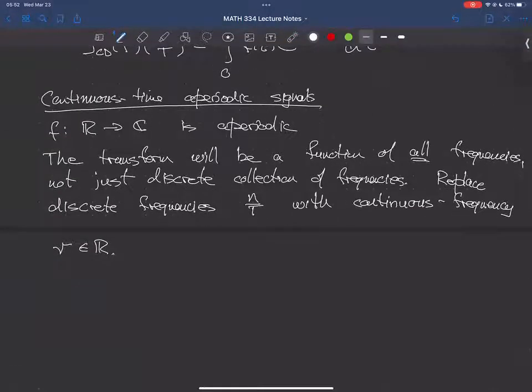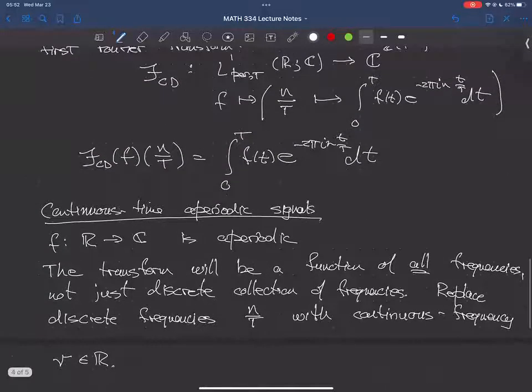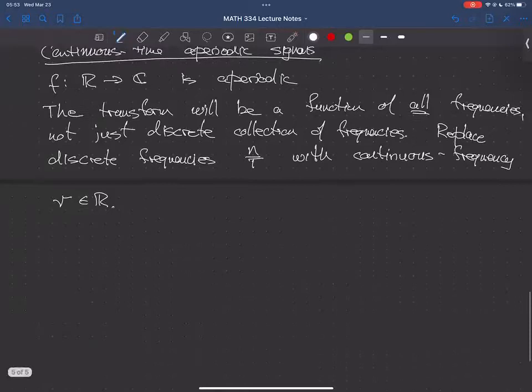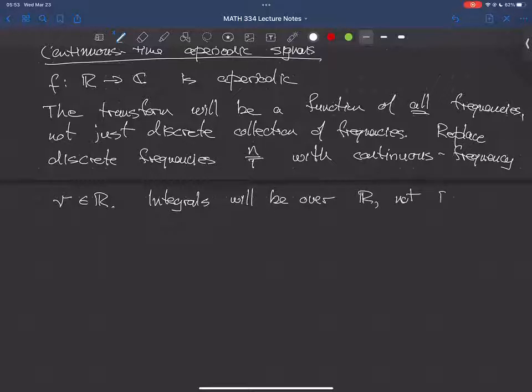Okay. And so that's one adaptation of this formula. So we're going to replace n over T with nu. And of course, our signals are no longer periodic. And so this means that the integrals won't be over 0 to T. They'll be over R. Right.